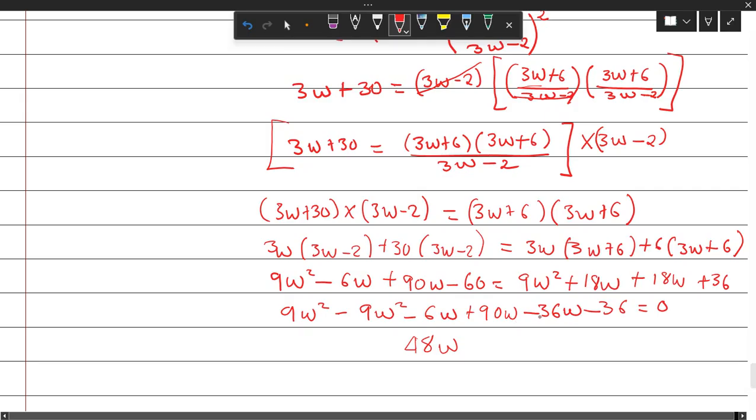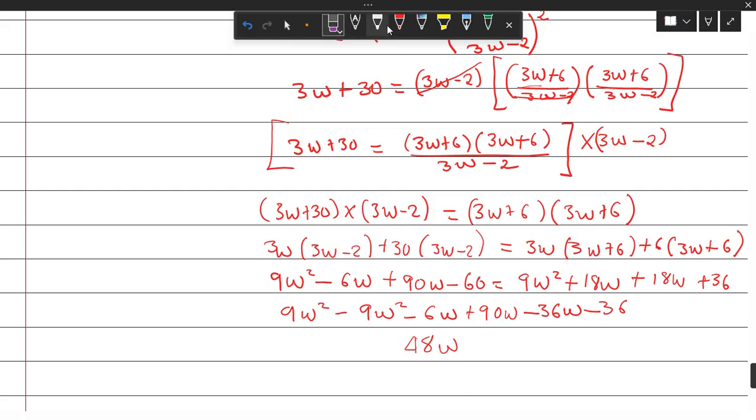Okay, did I skip one number? Oh, there is negative 60 here. Okay, so I had forgotten to write one number. Sorry about that. So there is supposed to be negative 60, then equal to 0.